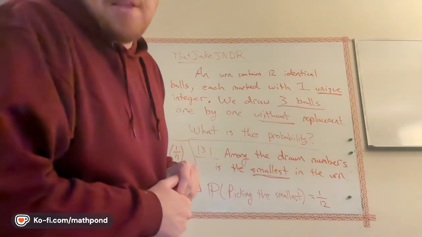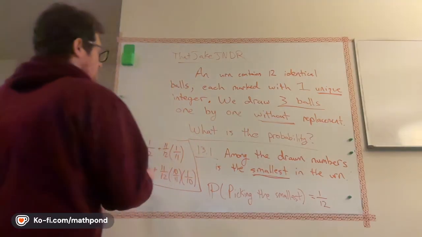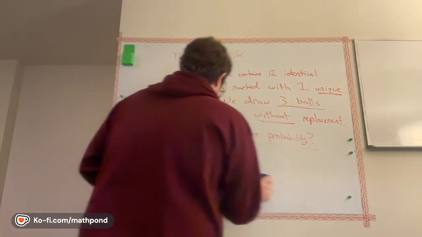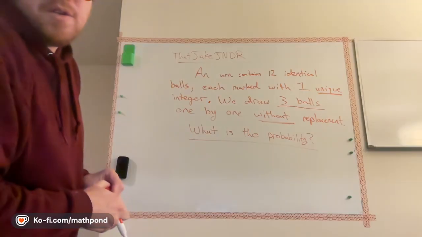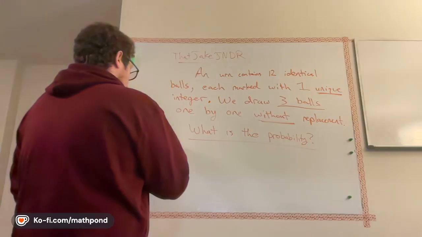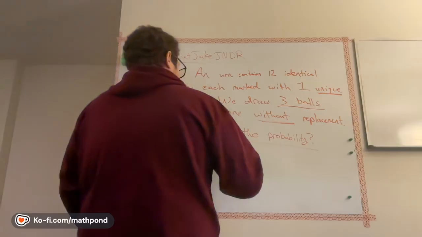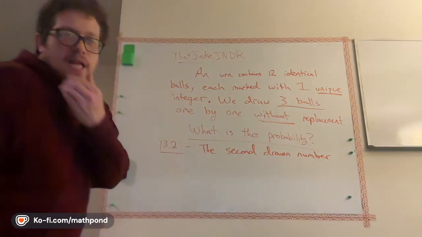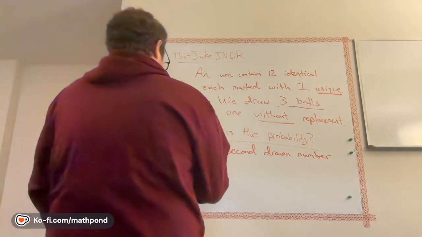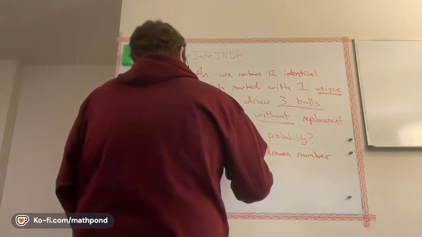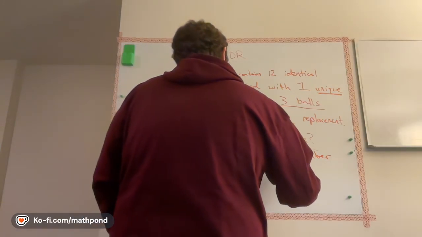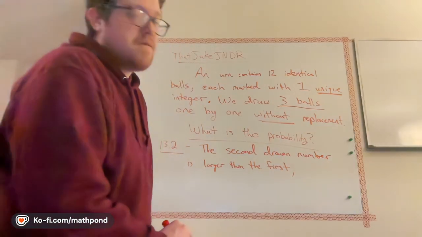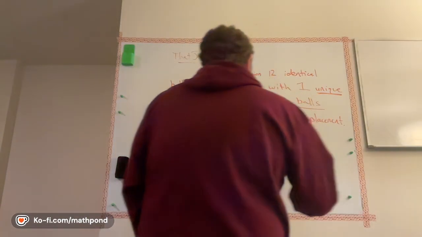Okay, so we did part one. The second drawn number is larger than... Okay, let me write this out. (13.2) says the second drawn number is larger than the first, and at the same time smaller than the third.